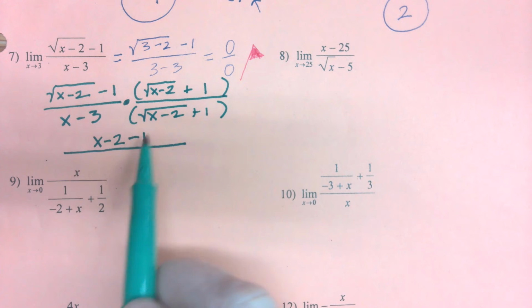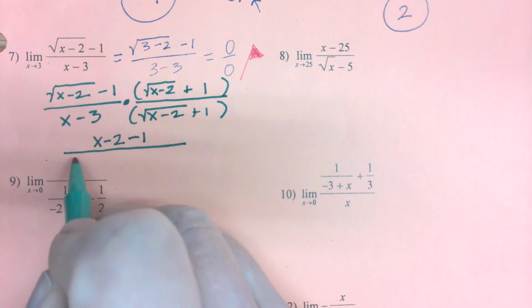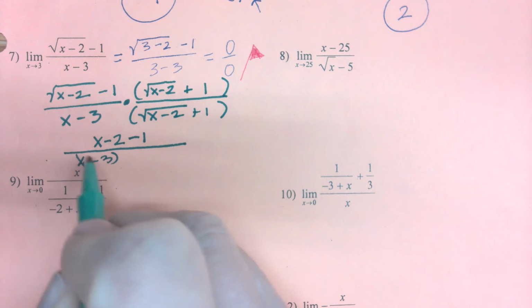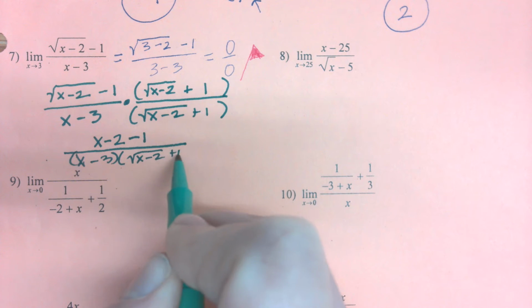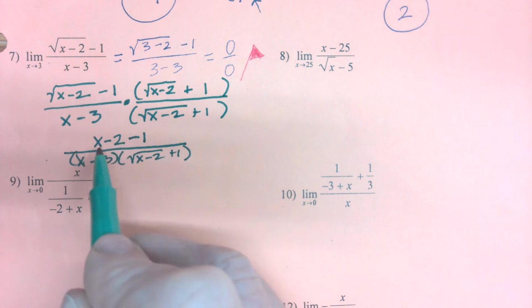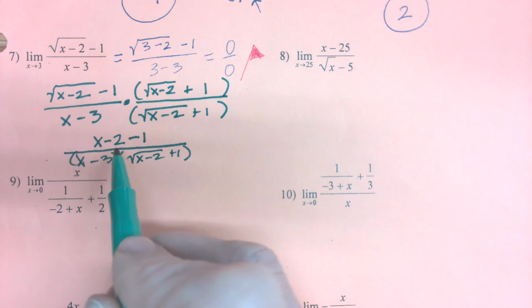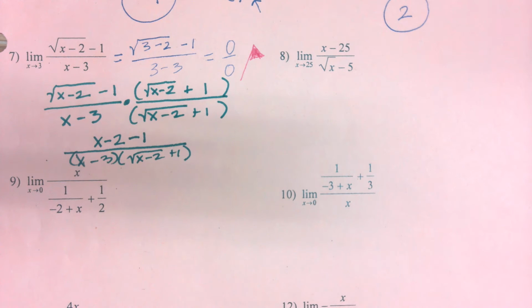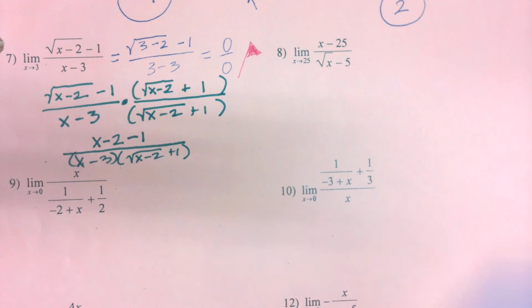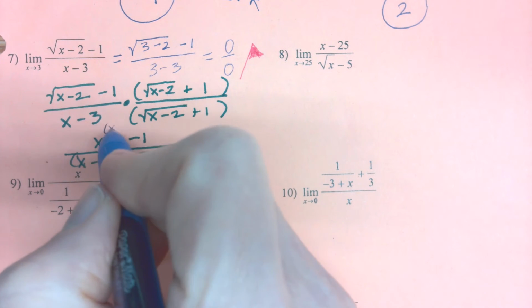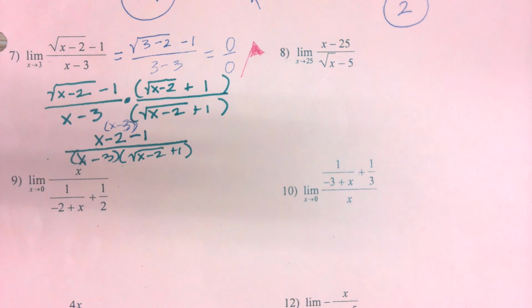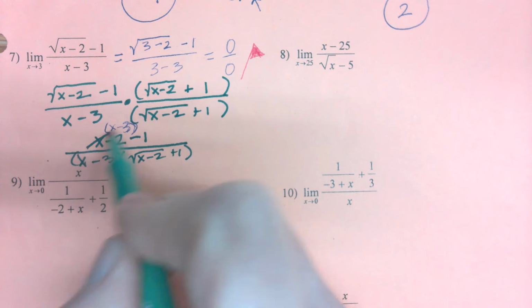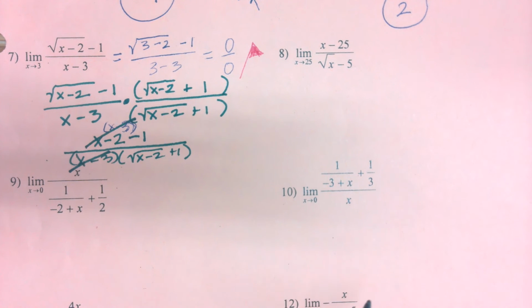So I get rid of the radical there, but on the bottom I'm going to leave it as x minus 3 times the square root of x minus 2 plus 1. And then, if you look closely, you should notice that x minus 2 minus 1 is the same as x minus 3, which means that the top and that piece of the bottom cancel out.